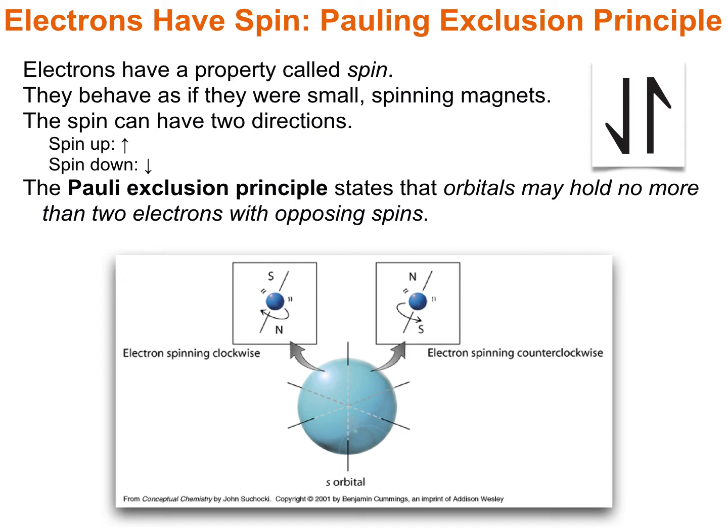So if 2 electrons are being forced to occupy a single orbital, they're going to be pointed in opposite directions because they're going to repel each other. It's kind of intuitive. Whether you represent it as a full arrow or a half arrow doesn't matter, but you need to know that an arrow pointing up is spin up, an arrow pointing down is spin down, and when you put 2 electrons in the same orbital, they have to have opposite spins.